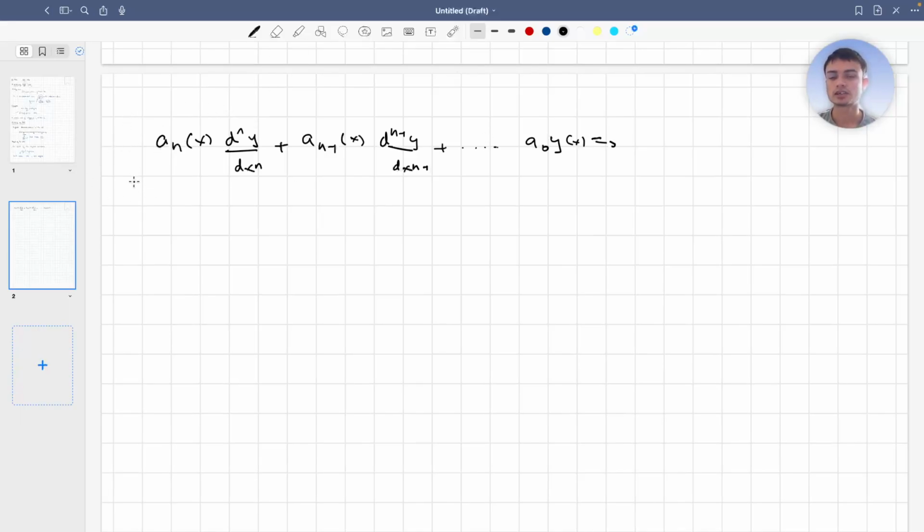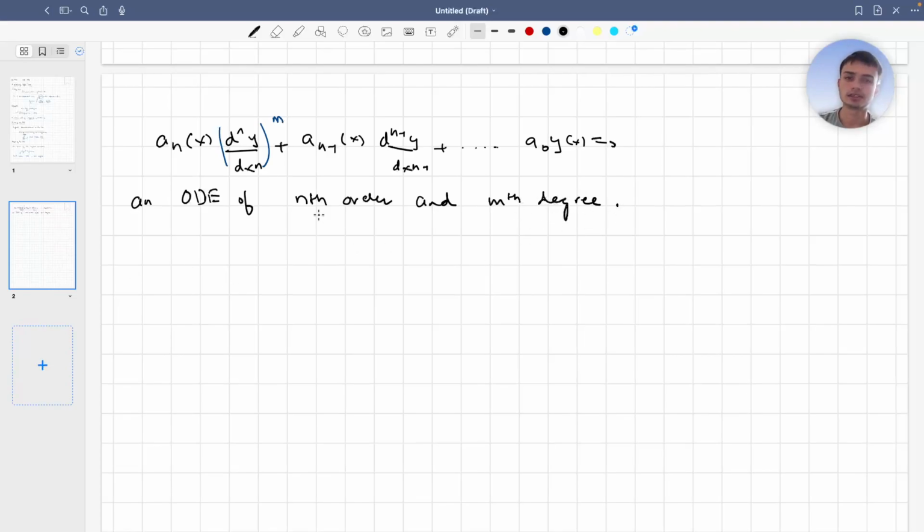So this is a general form of a differential equation of order n, right? And now if the highest derivative is raised to the power m, this is an ODE of nth order and mth degree.